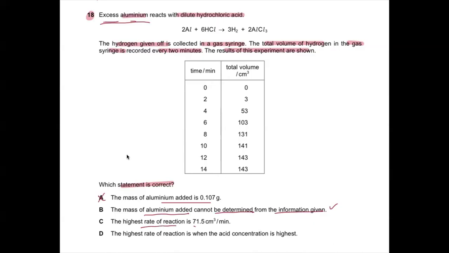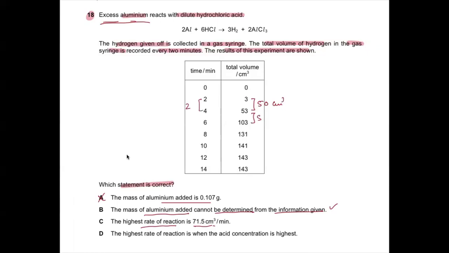The highest rate of reaction is 71.5 centimeter cube per minute. You see, that is not correct because over here, there is 50 centimeter cube of gas collected in 2 minutes.